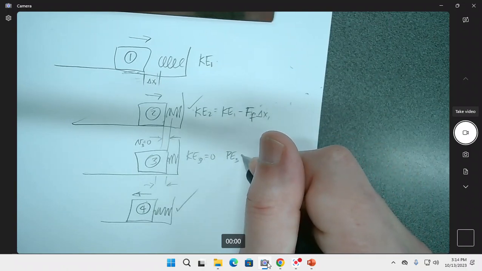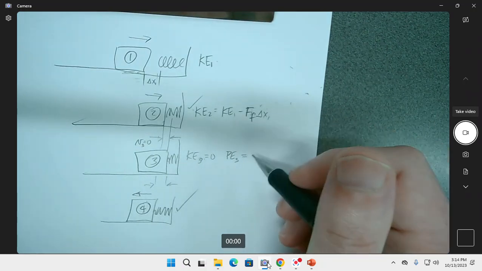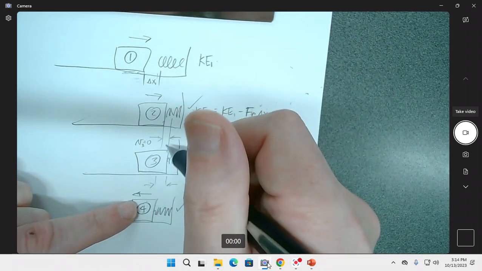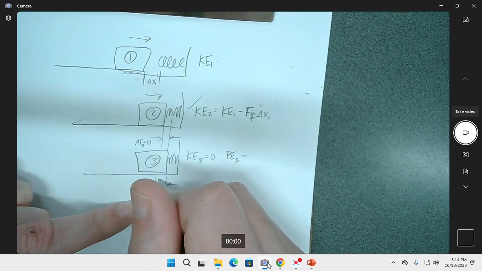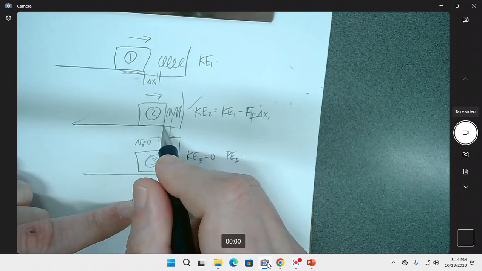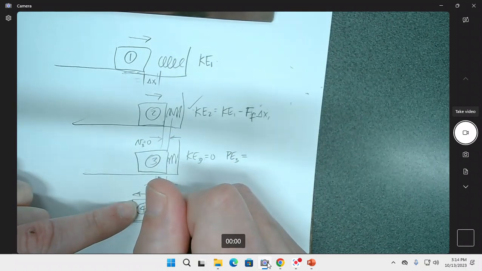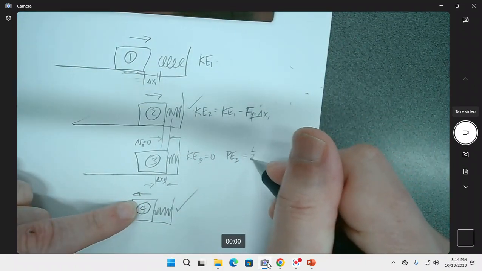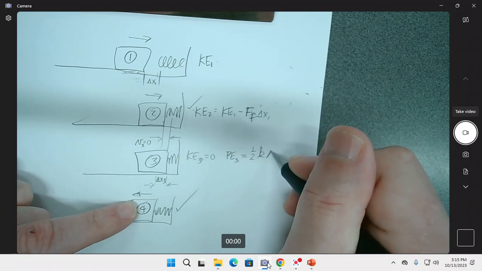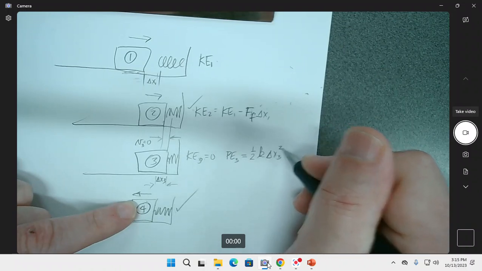And that is going to be equal to, and let me also say this, I'm trying to think between here and here. I guess I'll call this delta X3. It is going to be equal to 1/2 K delta X3 squared.